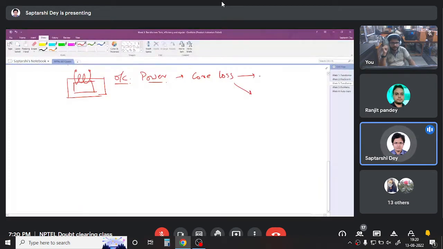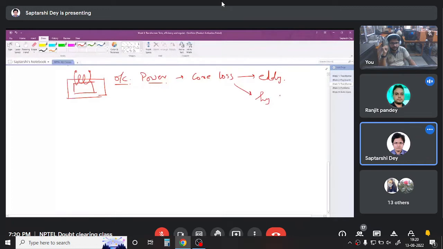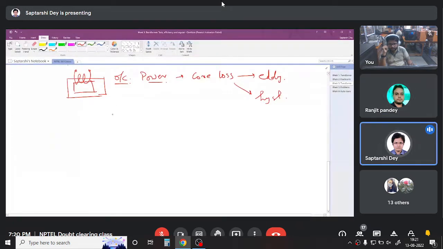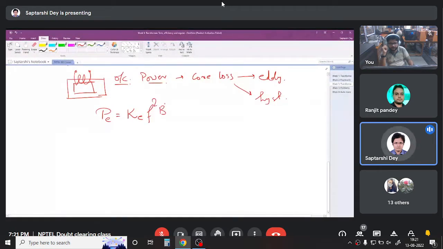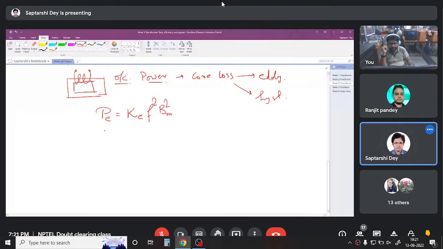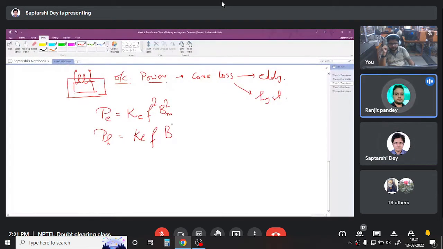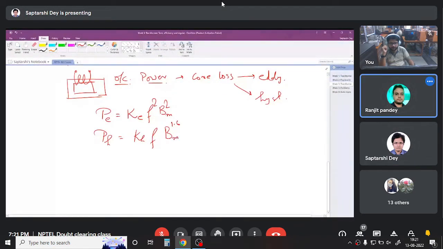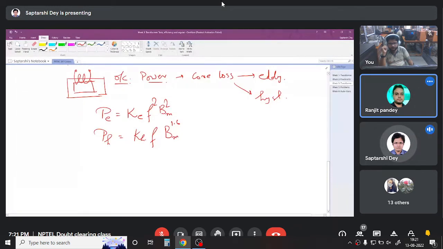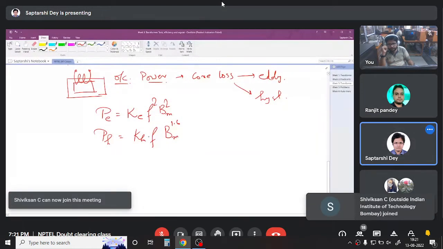Now this core loss has two components: one is eddy current loss, another is hysteresis loss. Now this eddy current loss is expressed as Ke F squared B max squared. Hysteresis loss is expressed as Kh F B max to the power 1.6.